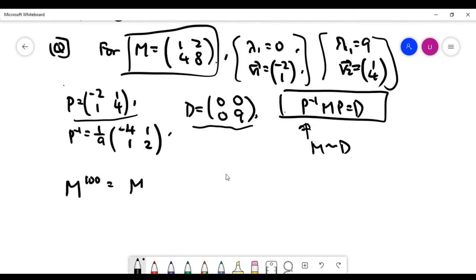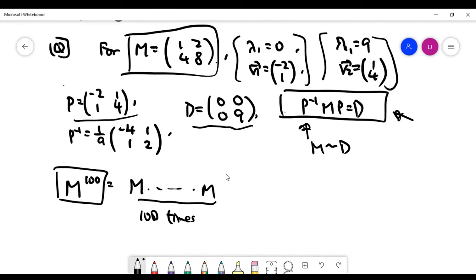M to the power 100 means you have to do the matrix multiplication 100 times, which is a tedious process because there are too many times to do. Are you able to make use of this fact to facilitate your computation? I think we can do something here because we understand that M is written as P times D times P inverse.